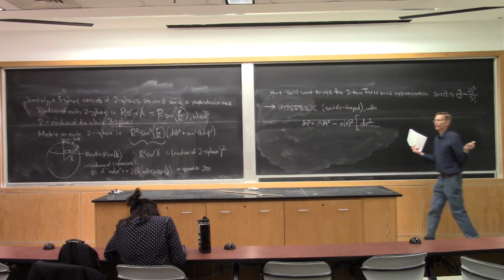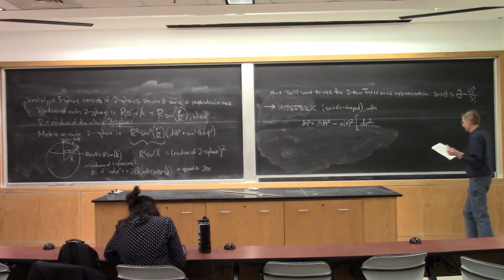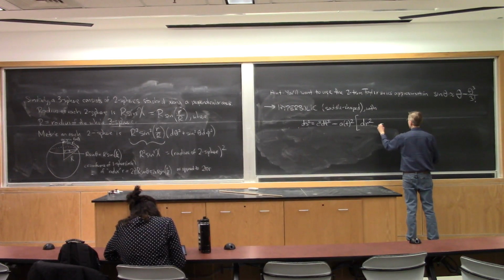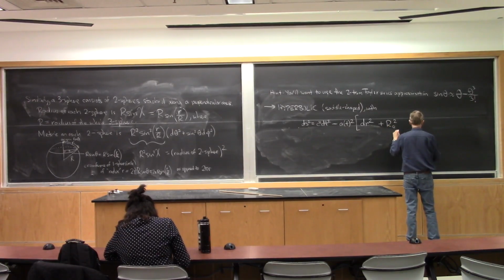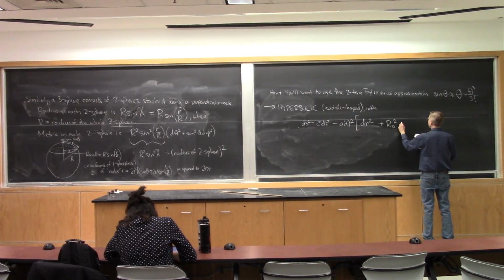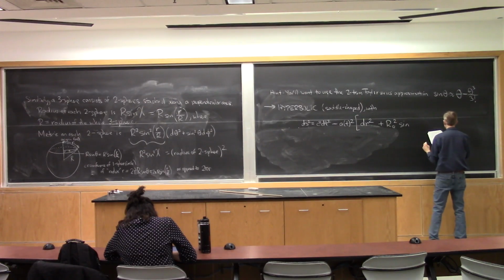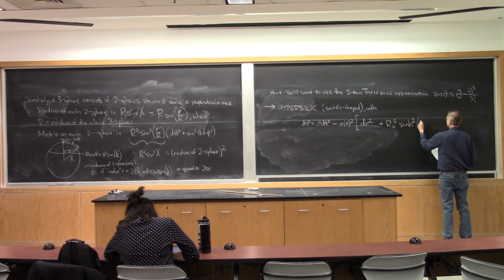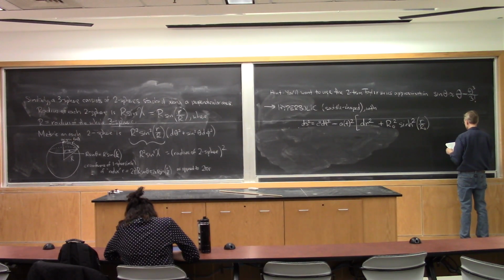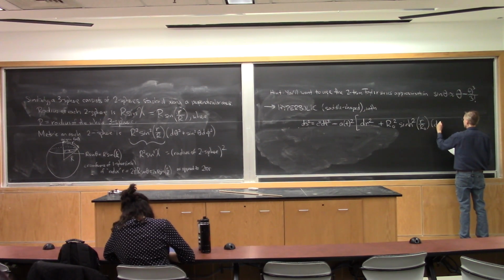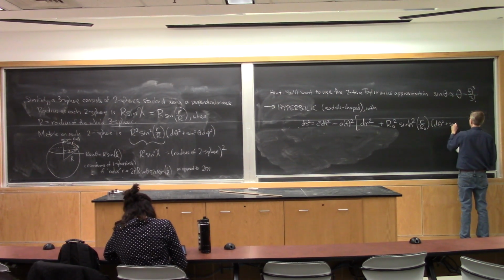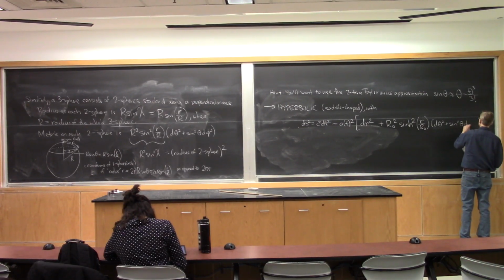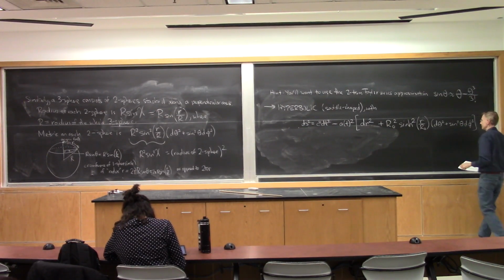So far it's looking just like it did for the flat and spherical cases, but now we're going to add R naught squared, and then instead of sine squared little r over big R naught, it's going to be sinh squared, hyperbolic sine squared of little r over R naught, times d theta squared plus sine squared theta d phi squared.